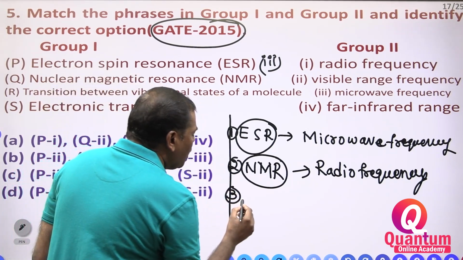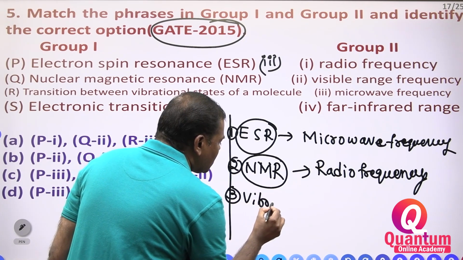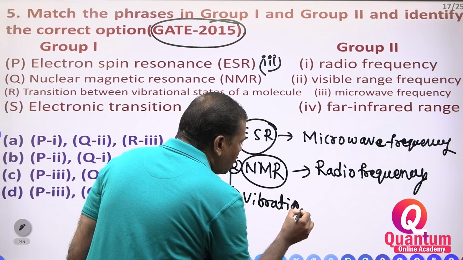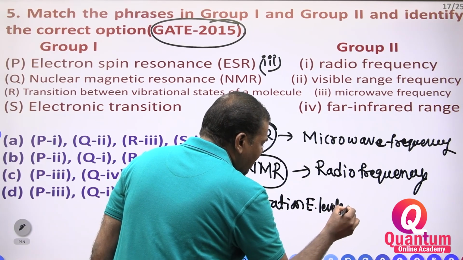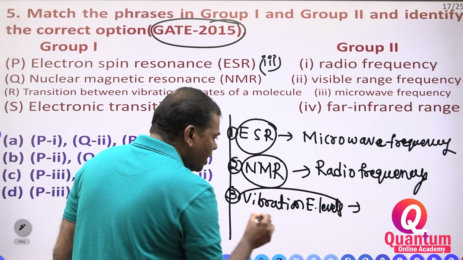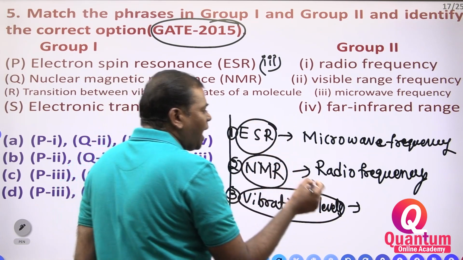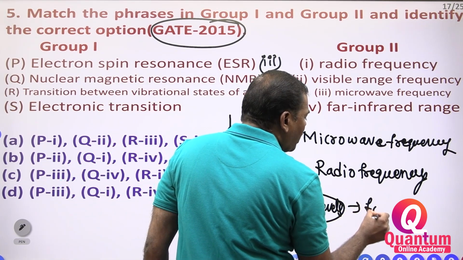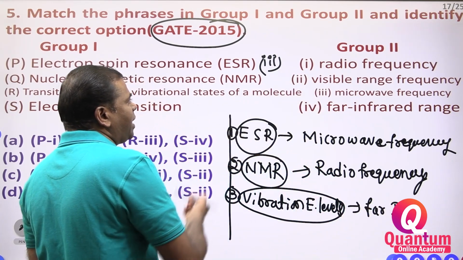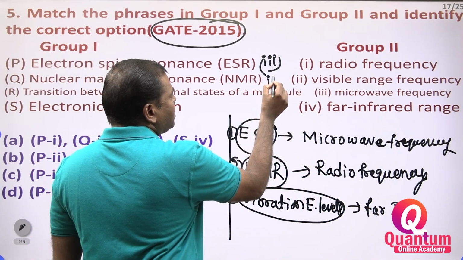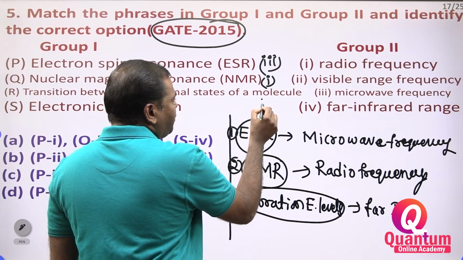Transition between the vibrational states, vibrational energy levels. This vibrational energy level transition can happen in the far infrared IR region.